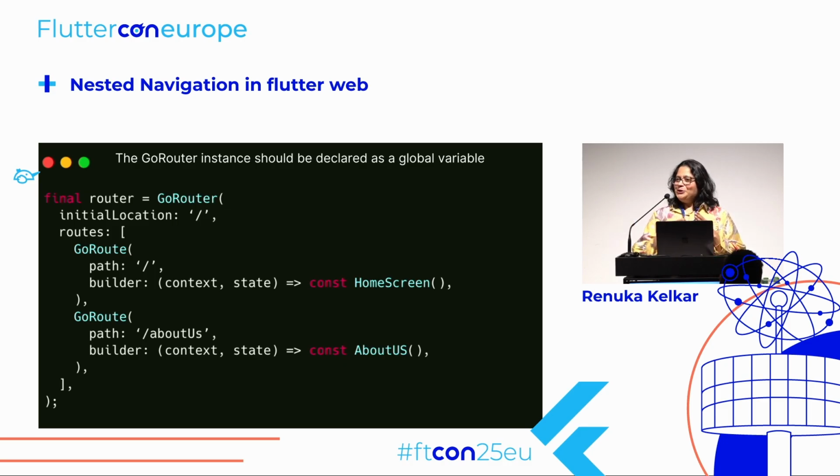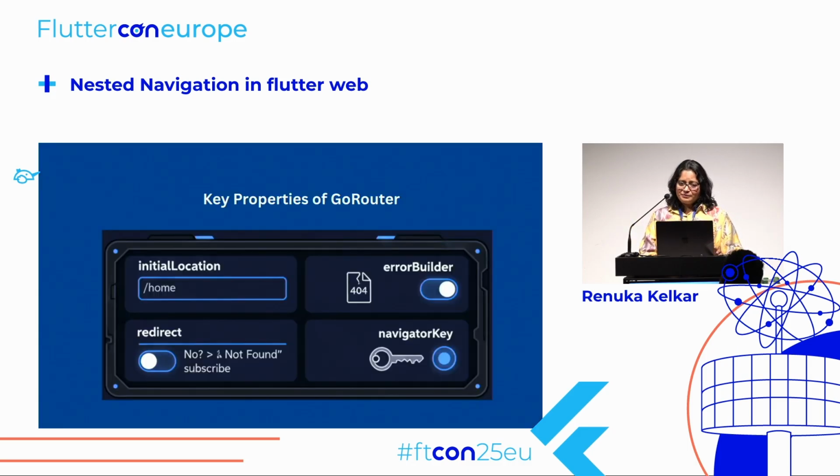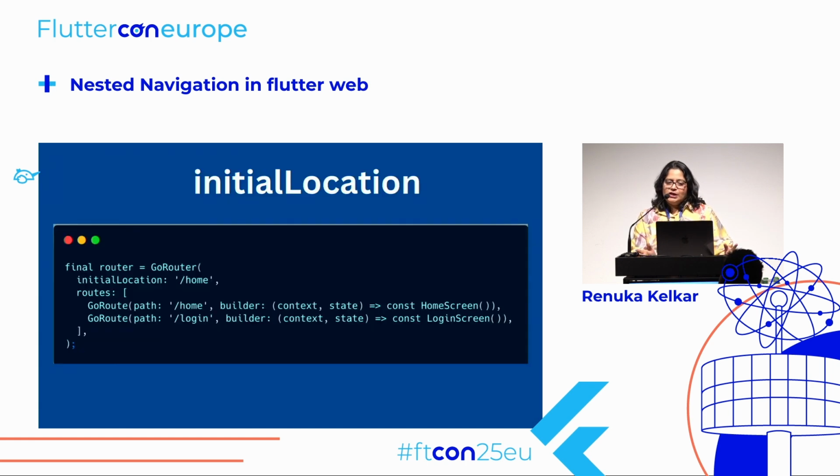Okay, so I'm going through the simple part first, and then I can show you where the problem occurs and where we started going deep into that. There are really good key properties, as I mentioned. It has the initial location, then redirect, navigator key. The initial location is where you want your app to land at the first position.